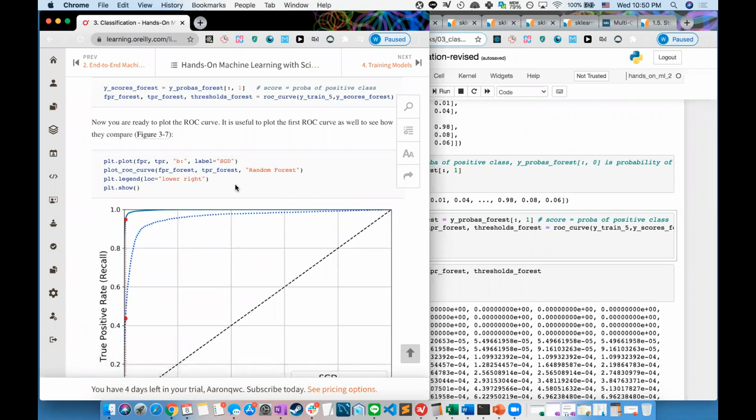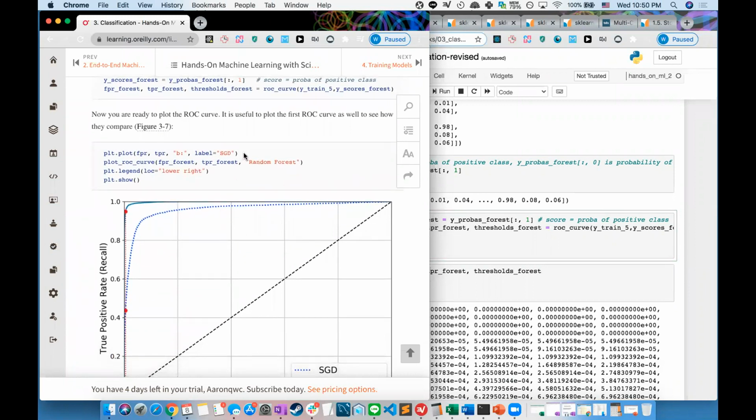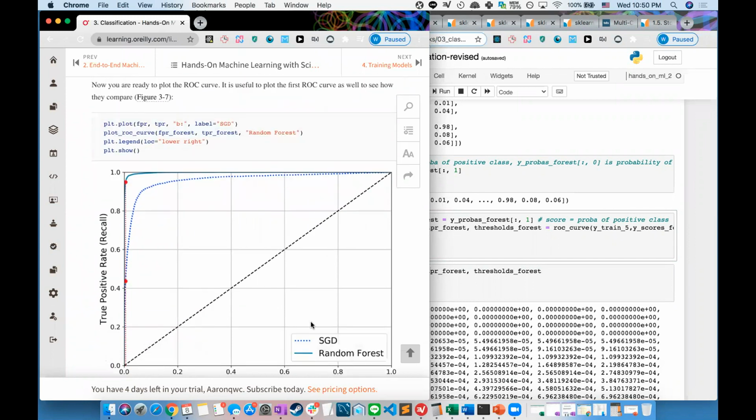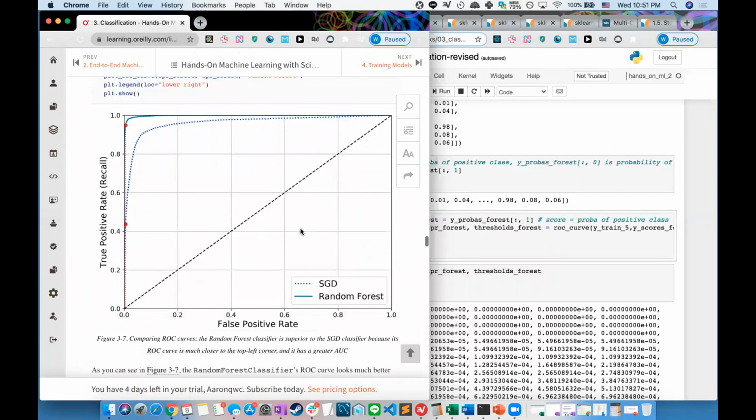Cool. The dotted line is the SGD, and the solid line is the random forest, and we're just plotting them on the same graph.